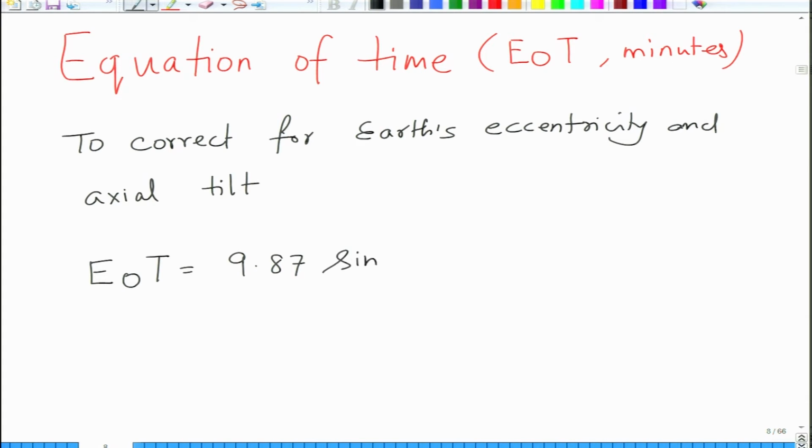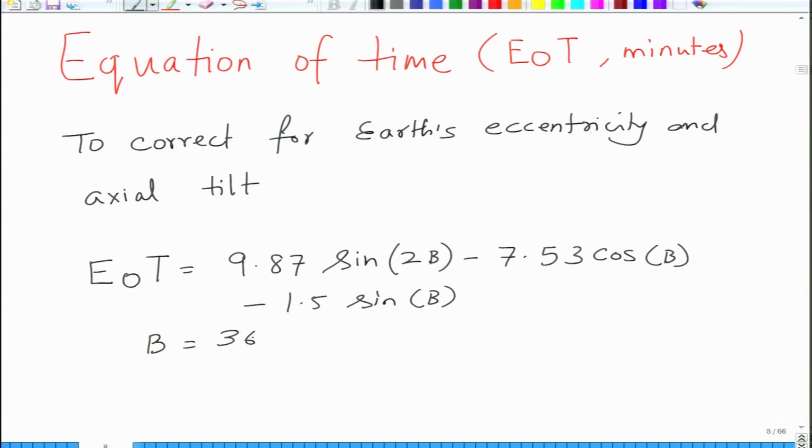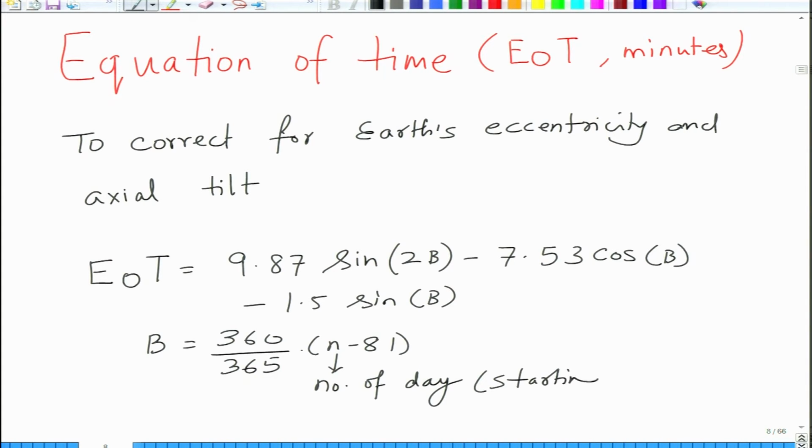EOT is defined as 9.87 sin 2B minus 7.53 cos B minus 1.5 sin B, where B is 360 divided by 365 times (n minus 81), where n is the number of the day starting from 1st Jan.